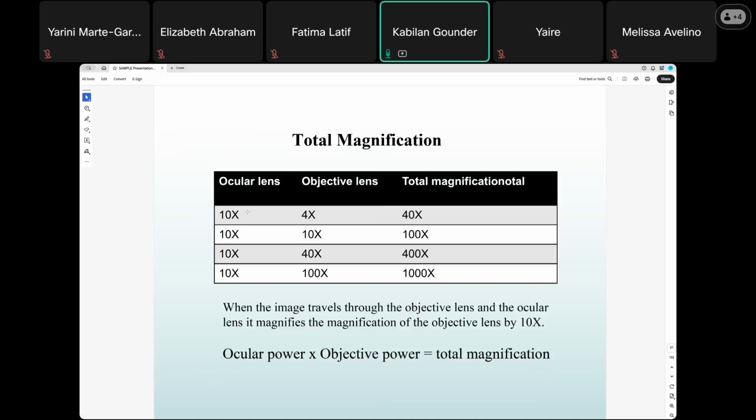So always the purpose of a microscope is to magnify your image. Why do you want to magnify your image or any particles or specimens? You want to see the detailed structure that you cannot see with your eye.